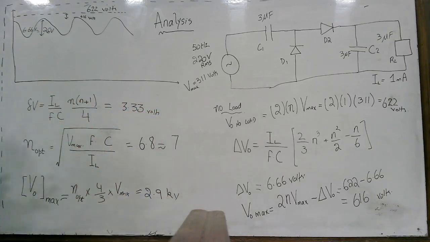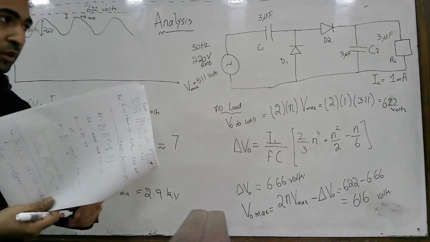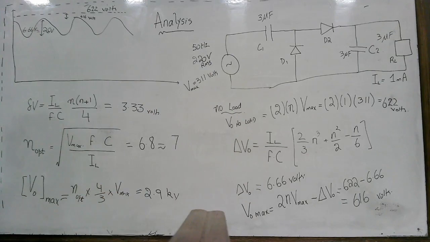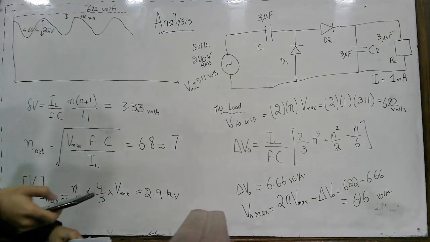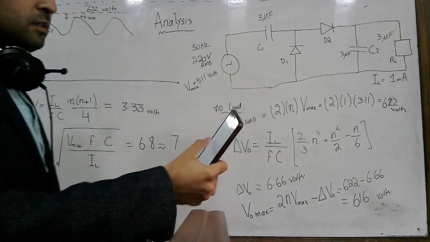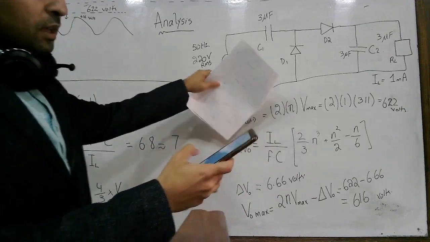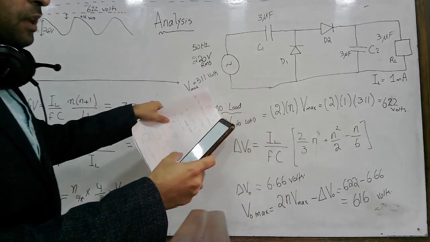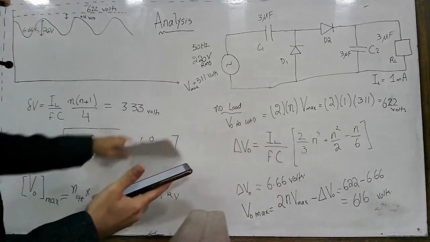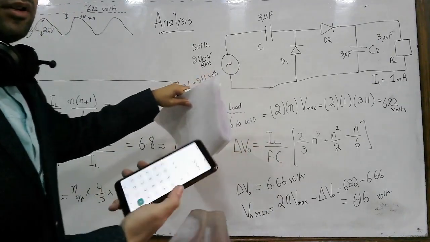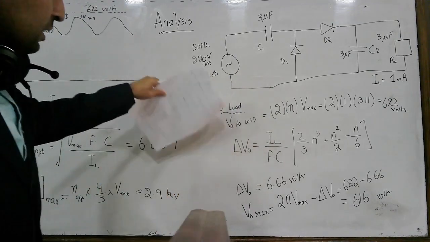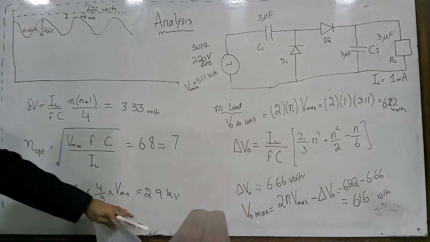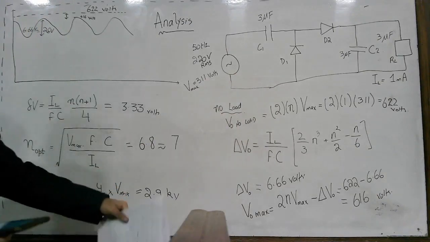Theoretically, how much voltage can you get if you make 7 stages? Let's calculate it. It is 2 N, taken as 7, times Vp. Theoretically you can go for 4.3 kilovolts, but practically you cannot achieve more than 2.9 kilovolts.